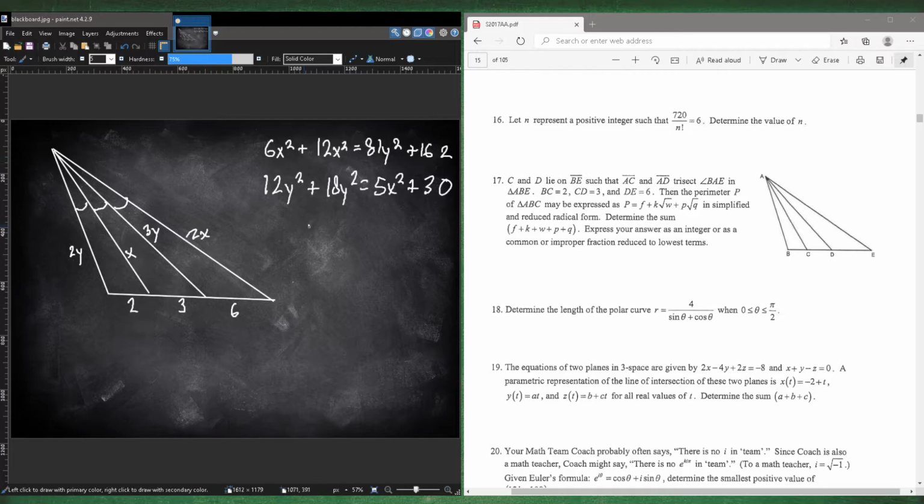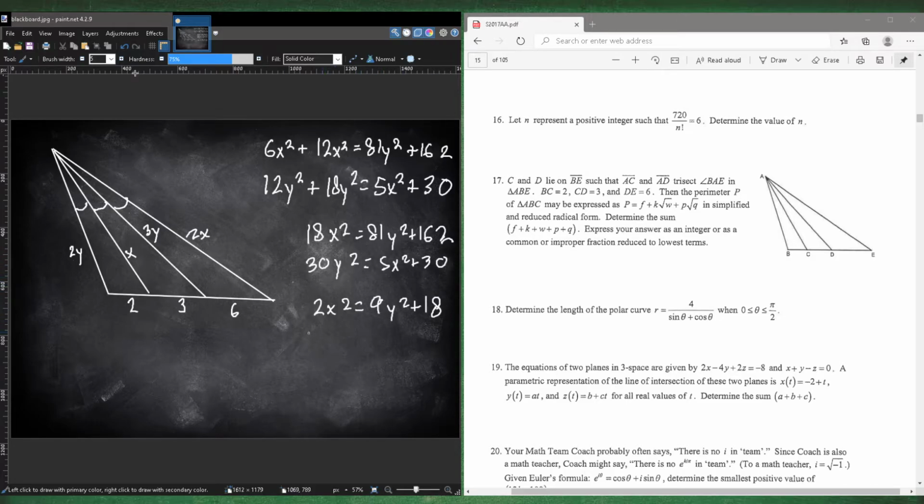So this sums up to 18x squared equals 81y squared plus 162. And the other equation is 30y squared equals 5x squared plus 30. So we can simplify the first one by dividing by 9 to get 2x squared equals 9y squared plus 18.